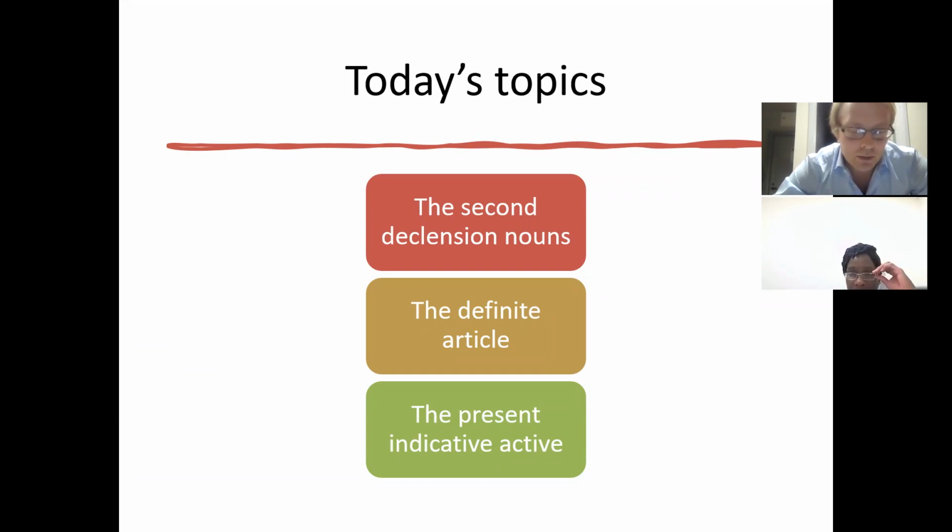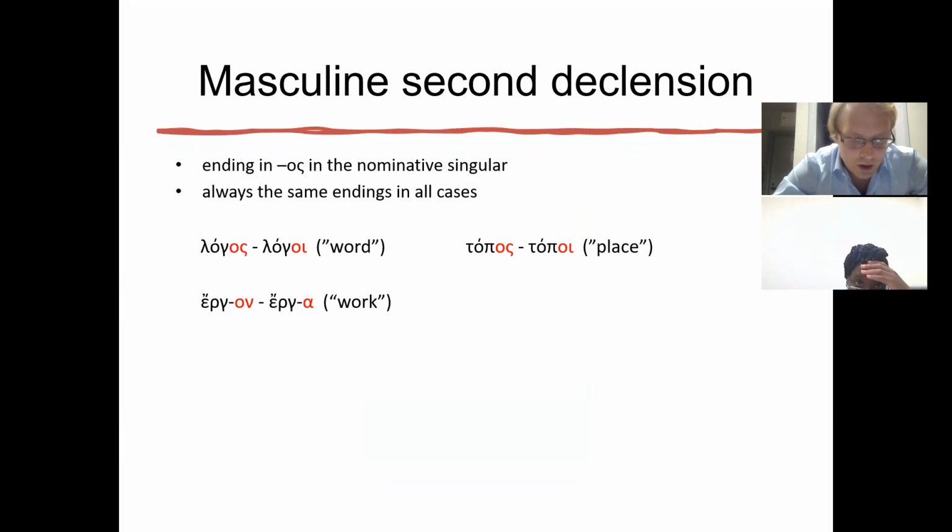These nouns are of the kind which in the nominative case end in -os in the singular. A classic example of this kind of noun is the word logos. This is a word with notoriously many meanings, but it can mean word.